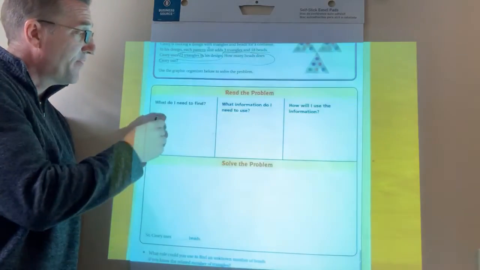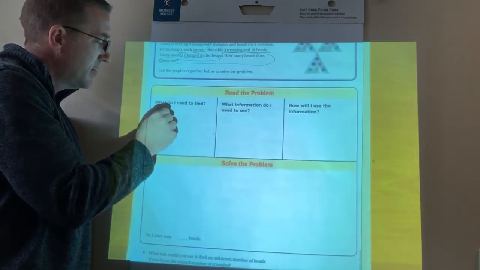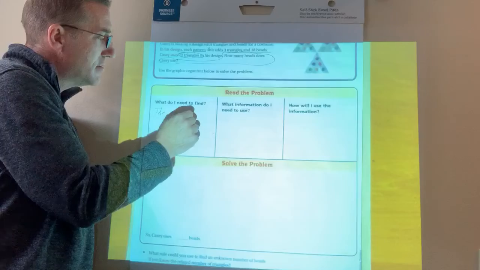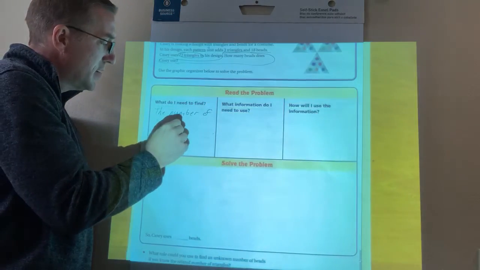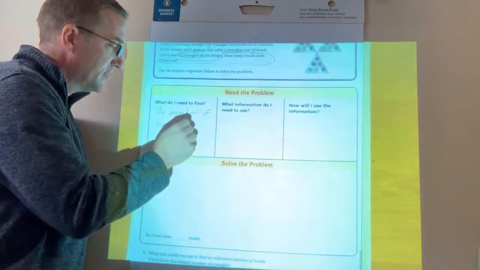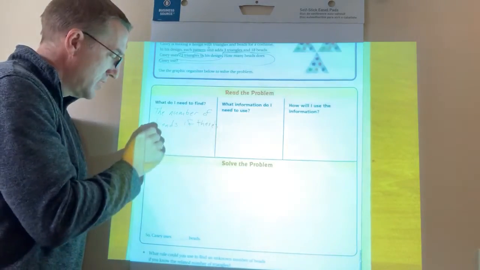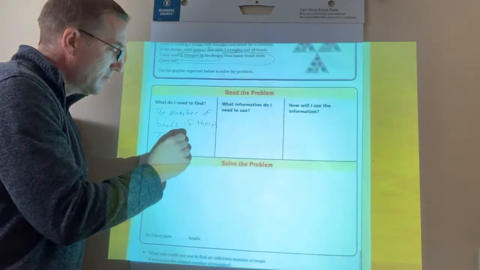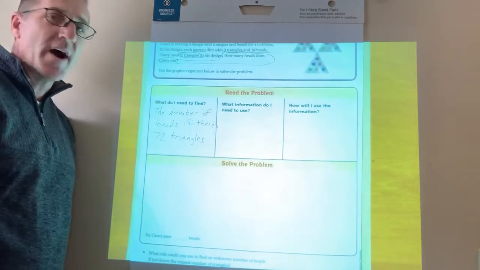All right, so what do I need to find? I need to find beads, the number of beads. If there's what? 72 triangles. Great. Okay, what information do I need to use?